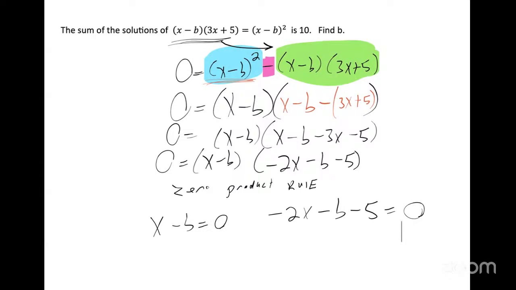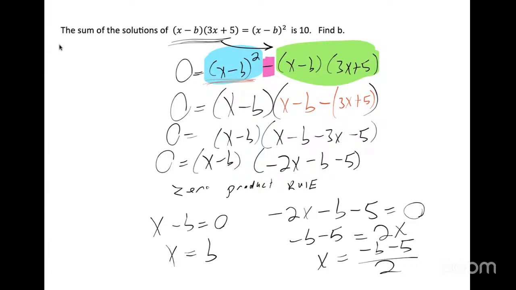So x is different than b. B is a constant, quote unquote. So we'll move the 2x to the other side, and we'll have negative b minus 5 equals 2x, because when you moved it over, it became positive, and divided by 2, x equals (−b − 5)/2. On this one, x equals b.